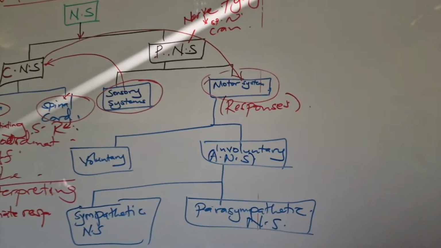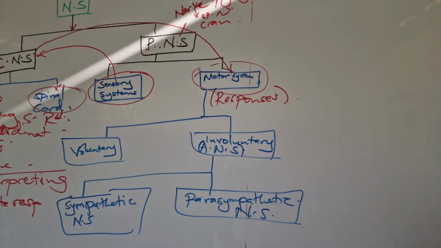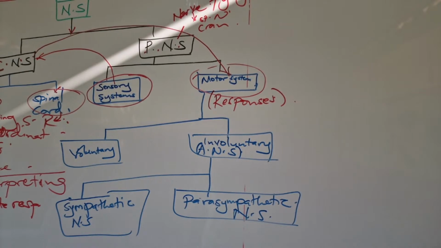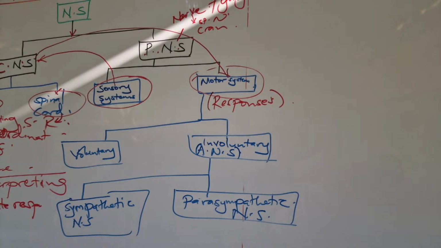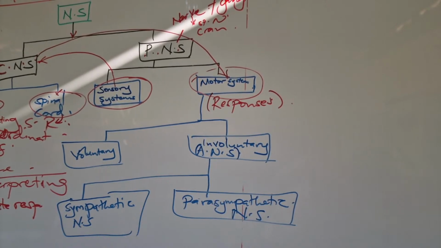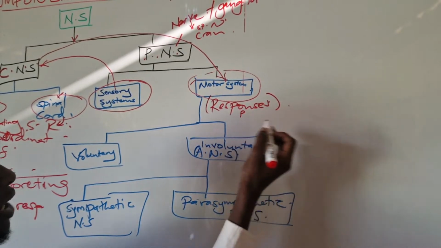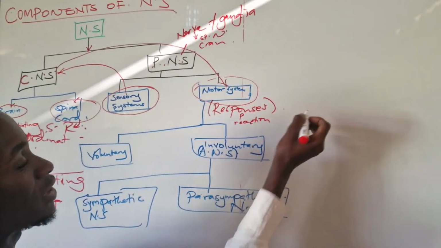We said a response is that reaction carried out by part of the body of an organism, that action carried out by part of the body of an organism in reaction to any stimuli.